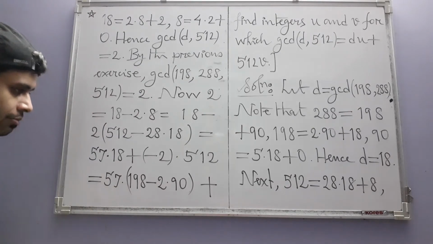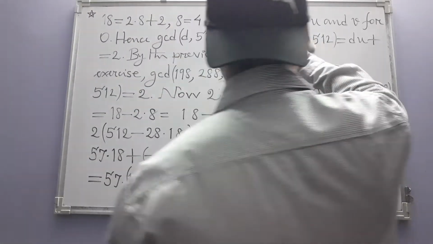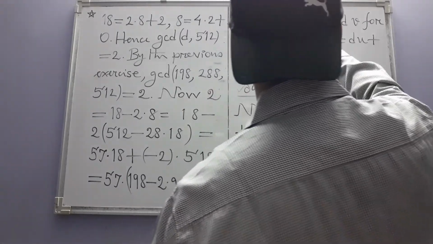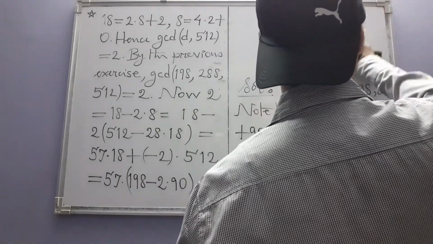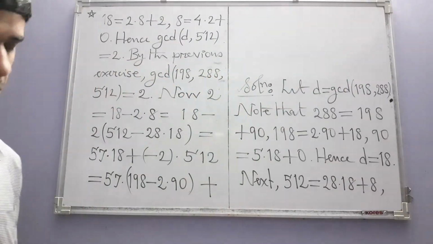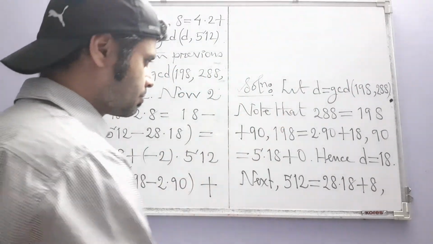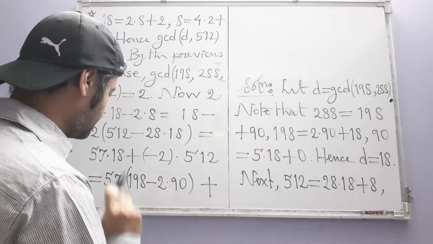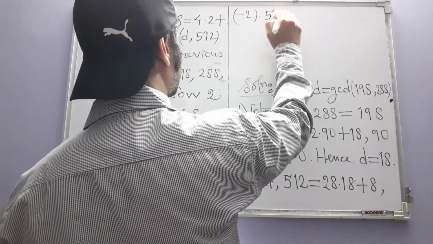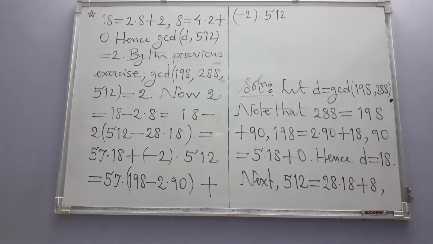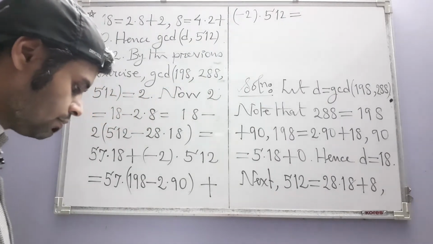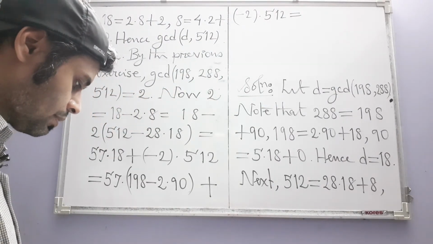The others we will now have here. I hope in this space I will be able to use whatever we have here, so that I don't have to lose these equations. Plus minus 2 times 512. Okay, if we do the calculation, which of course I am not going to do mentally because I am very bad at it.